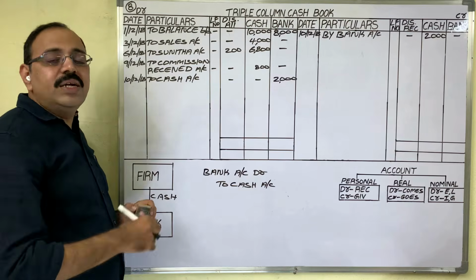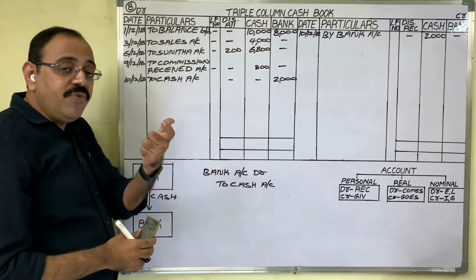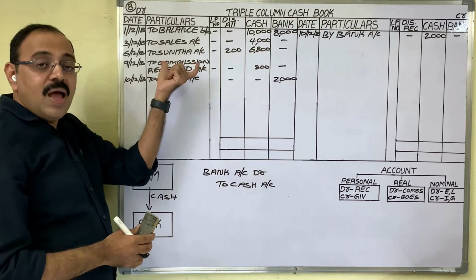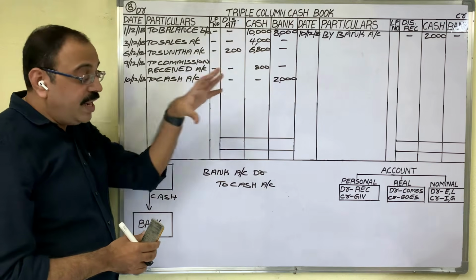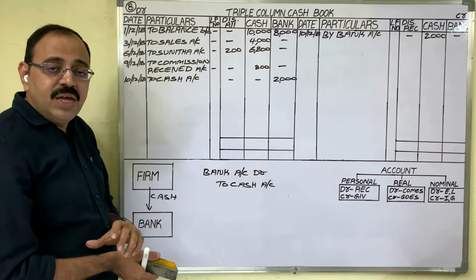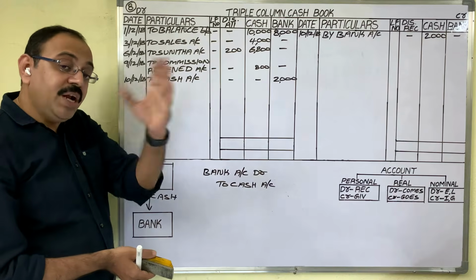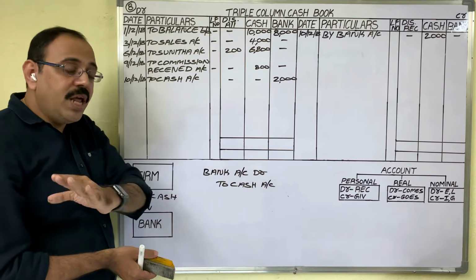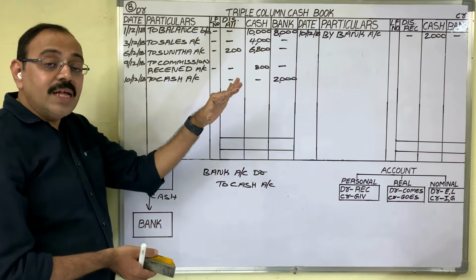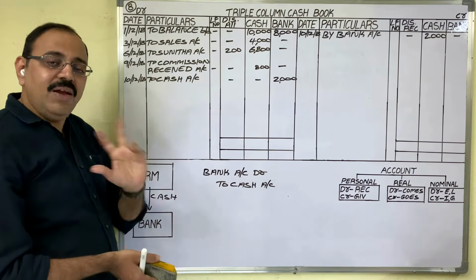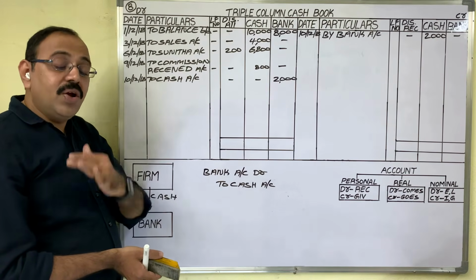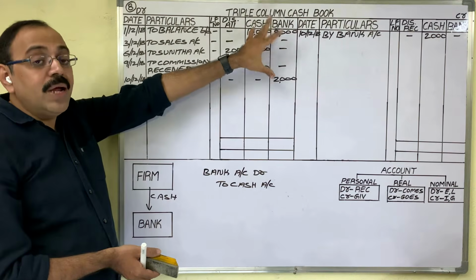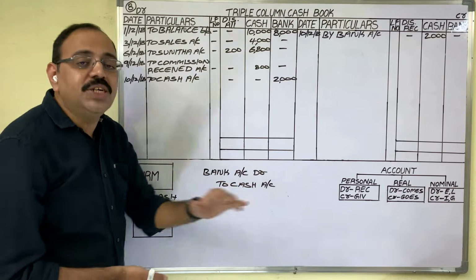In case of other transactions, half we are writing in cash book, another half we are writing in ledger book. Means every transaction contains debit and credit, no? If we record debit here, then credit aspect we record in ledger and vice versa. If we record a credit aspect in this book, debit aspect we record in ledger book.